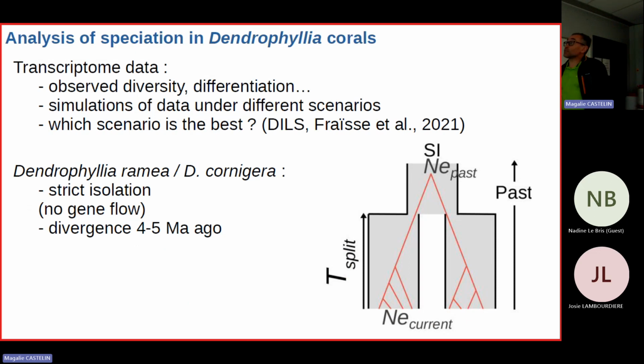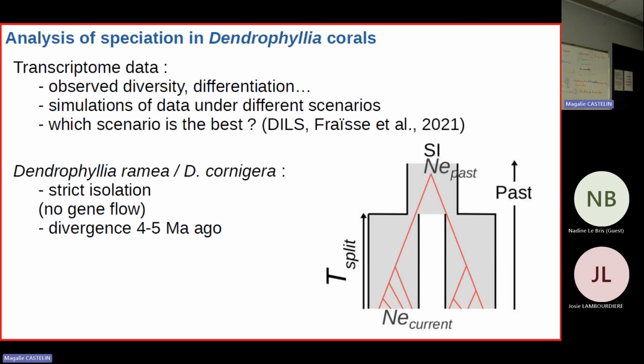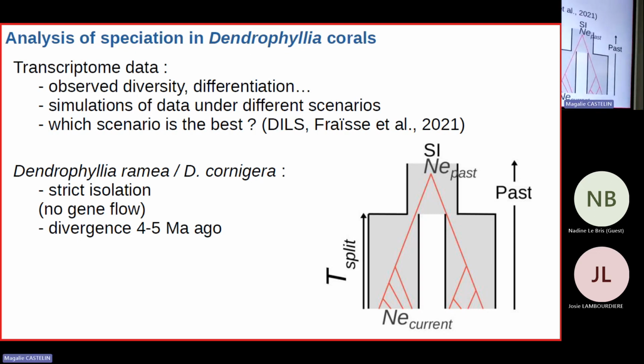But the idea is also to test the scenarios I mentioned before. What is the history between Dendrophyllia cornigera and ramea? Briefly said, you, of course, use sequences. So it's transcriptome, but it can be done with other data.